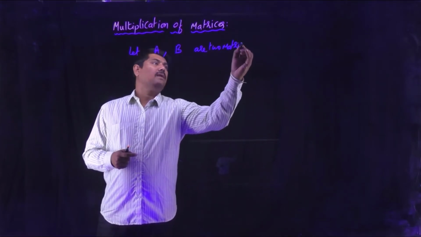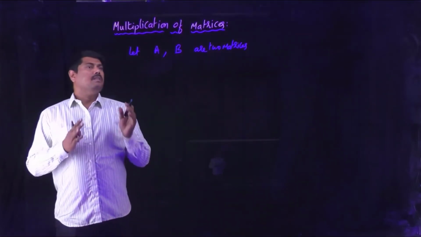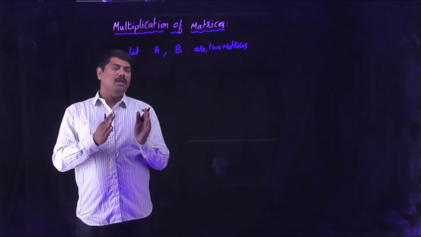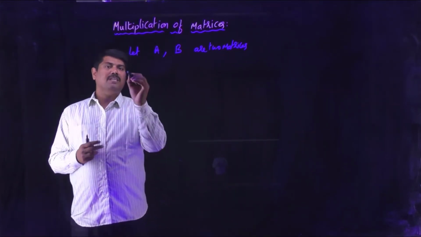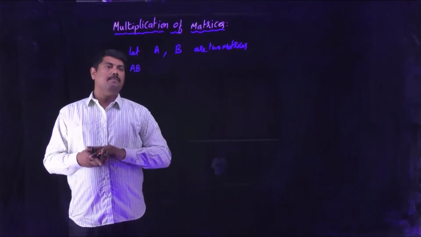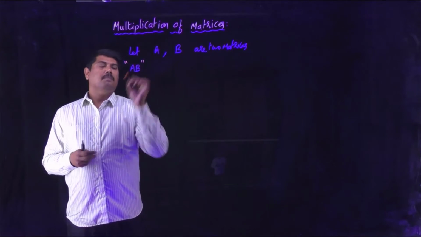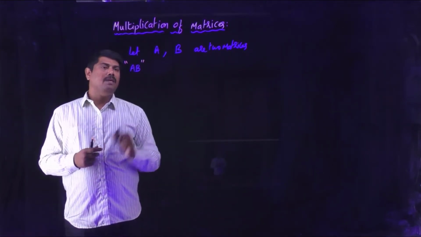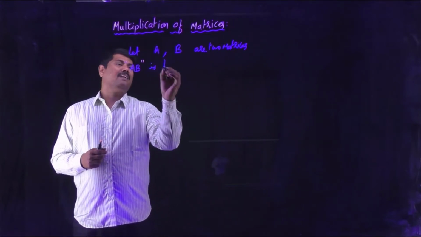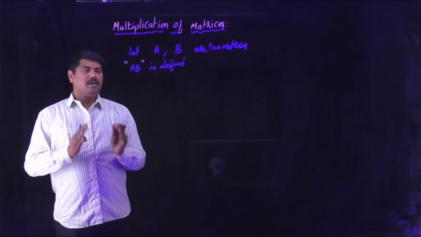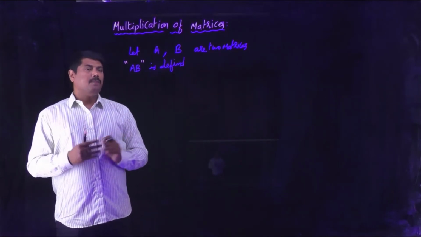A and B are two matrices, and they are conformable for multiplication. Their multiplication is denoted AB, multiplication of A with B. AB is defined, that means A and B are conformable for multiplication.